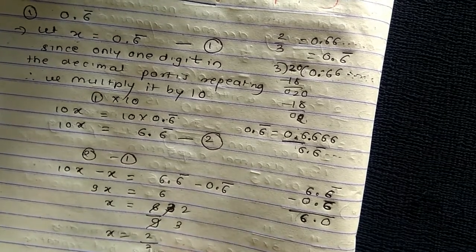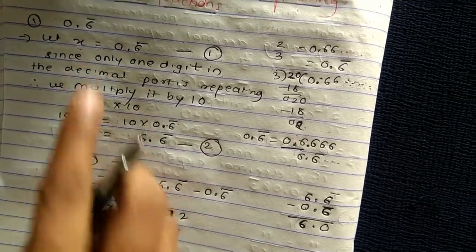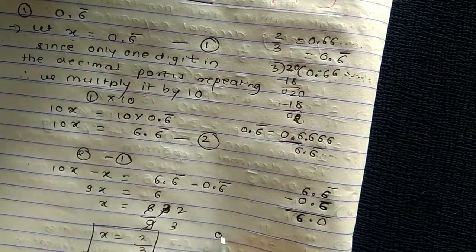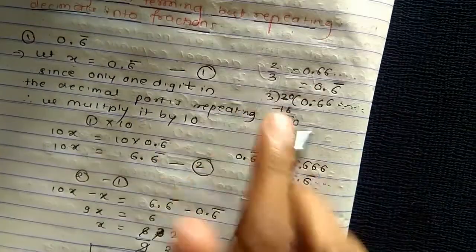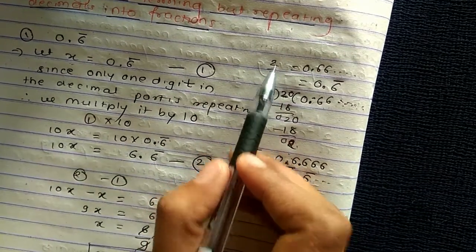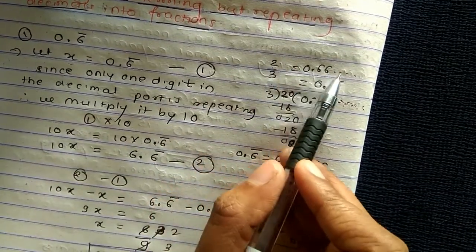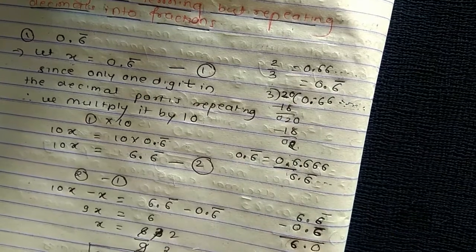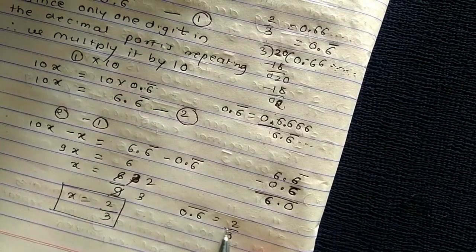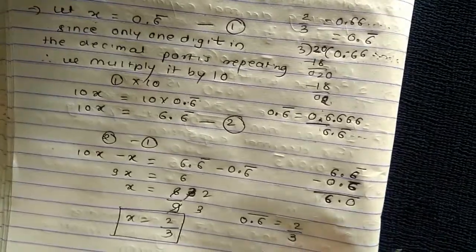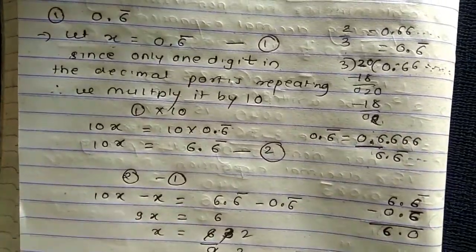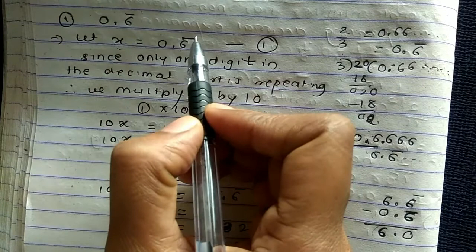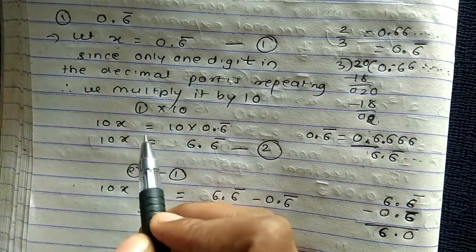So the answer is 2 by 3. So 0.6 bar is equal to 2 by 3. Confirmation: 2 by 3 is 0.66 and so on, which is 0.6 bar, the same decimal expansion. Remember how many digits are repeating; based on that you multiply with 10, 100 or 1000.